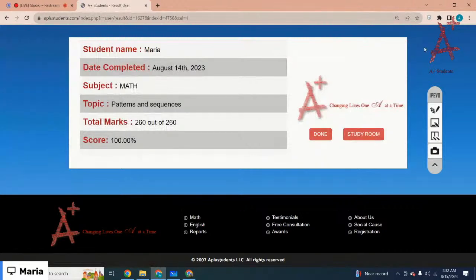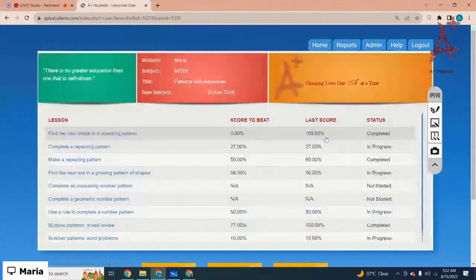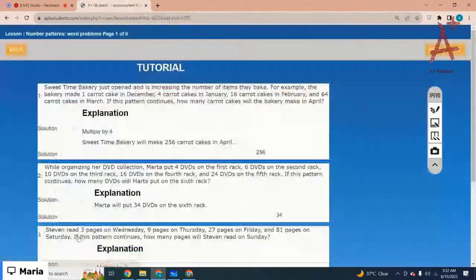Okay, we are done with the lesson. Let's start with the last lesson of the chapter. That would be number patterns, word problems. Let's start with the first one. Sweet Time Bakery just opened and is increasing the number of items they bake.